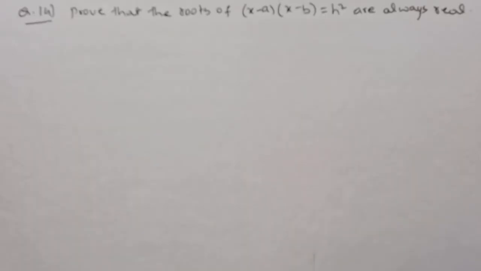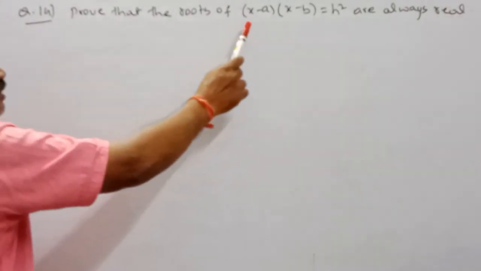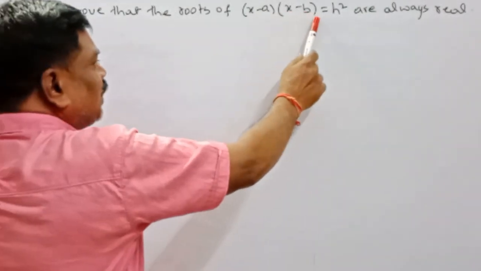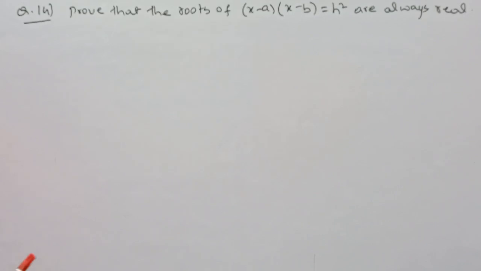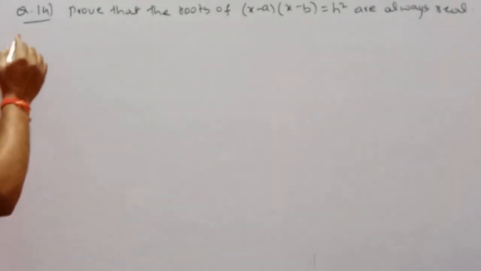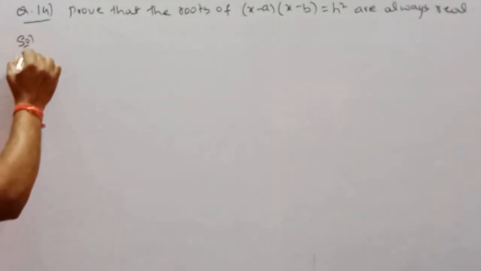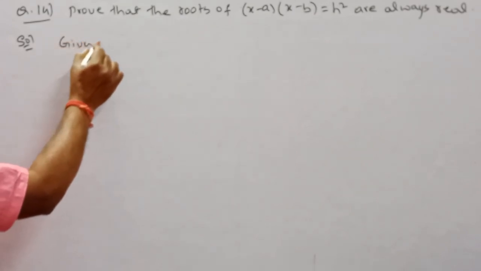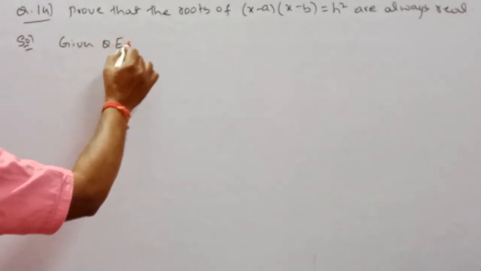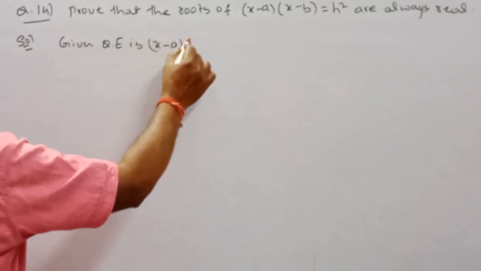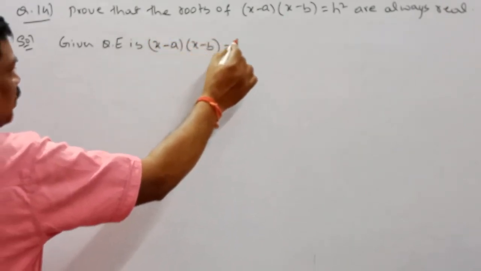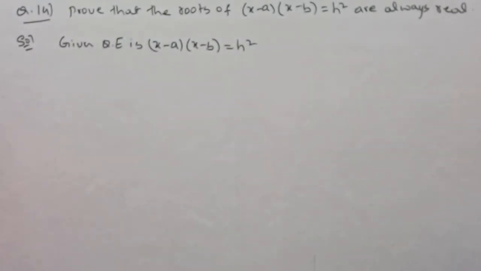Here we have one more problem from quadratic equations. Prove that the roots of (x minus a)(x minus b) equals h square are always real. The given quadratic equation is (x minus a) into (x minus b) equals h square.